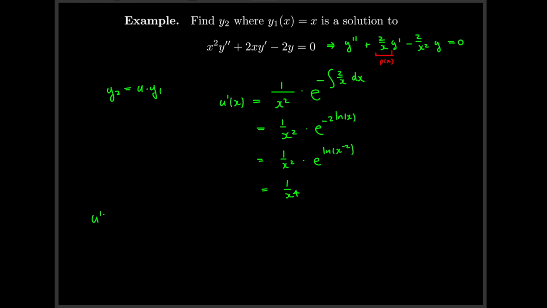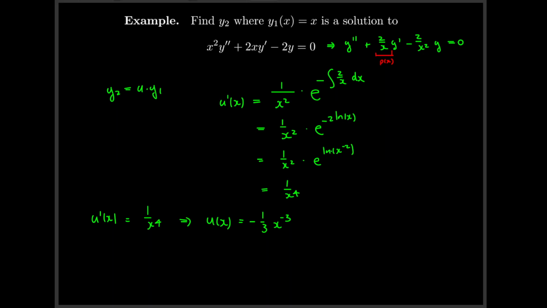So u prime of x is equal to 1 over x to the 4 implies that u of x, so we can now solve for what is u of x here. And so we just integrate both sides here. So all we're going to get is negative 1 over 3 x to the negative 3.